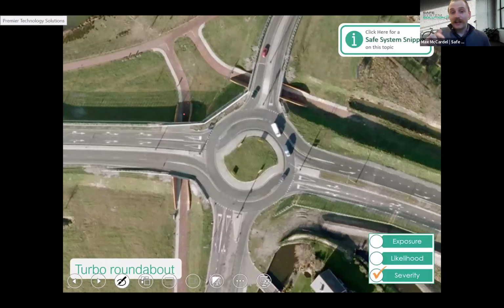So this is an example of a turbo roundabout, and all it is, within the circulating area, there's kind of channelized islands. Basically, if this was a traditional two-lane roundabout and you wanted to go through here at speed, you could have just gone something like this, right? And that was what I was saying.